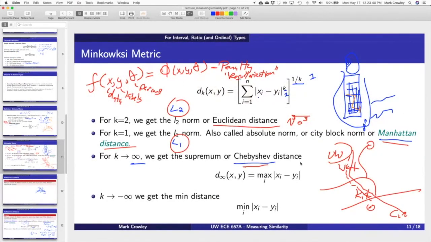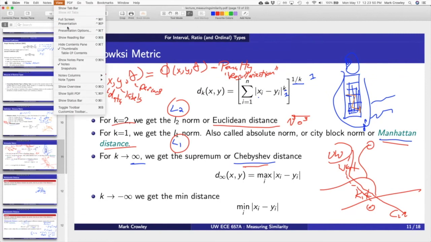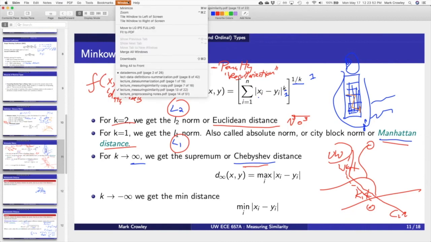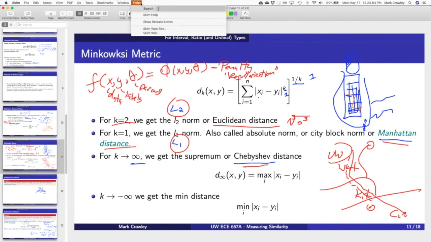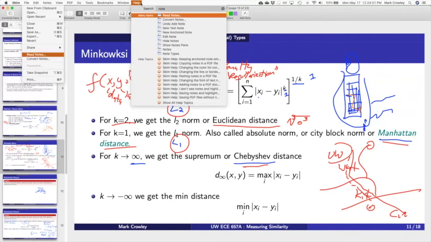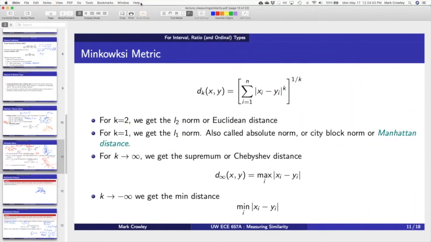No, Euclidean distance is when k equals 2, right? So it's this formula. Right, so that's all it is.